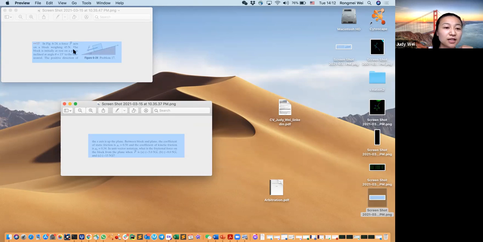So basically, you take the 45 Newton weight and divide it along the x-axis, and the one perpendicular to the x-axis is the y-axis.